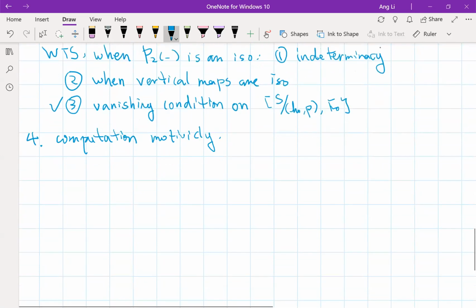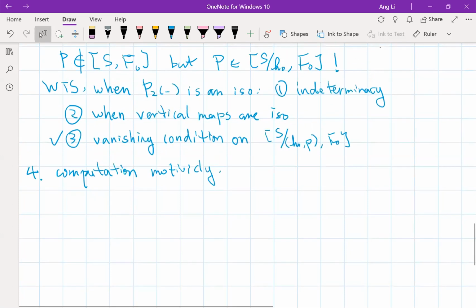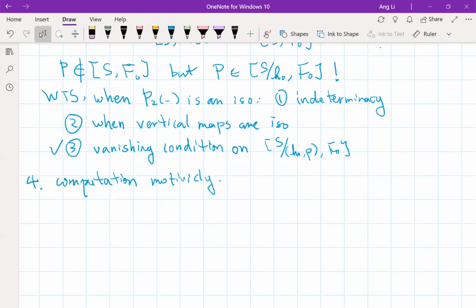Okay, so what's the difference in the motivic case? As we saw before, the vanishing condition is different. And we see in this approach that the periodicity result actually relies on the vanishing condition somehow. So that's bad, right? And why is the vanishing condition different?